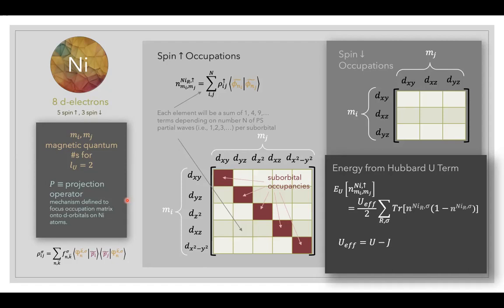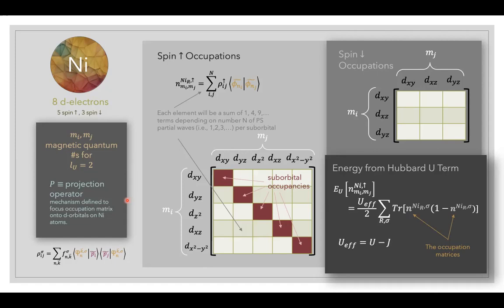We know that U effective is going to be the canonical Hubbard U minus Hund's J parameter, and then we use it to precede a multiplication of these occupation matrices, the trace specifically of those occupation matrices. And one thing I always like to highlight here is that we see that U is acting as a penalty function, right?